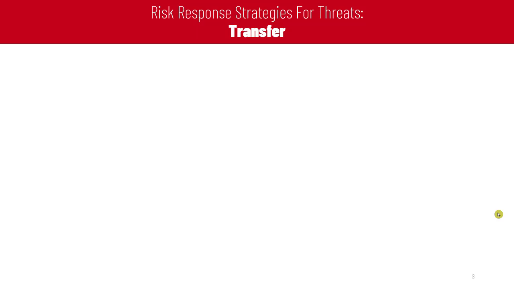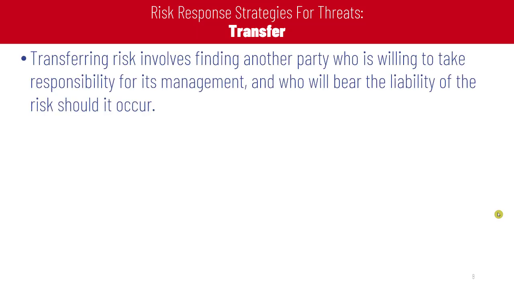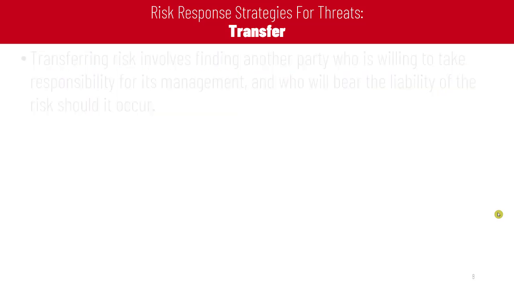The second risk response strategy for threats is risk transfer. Transferring risk involves finding another party who is willing to take the responsibility for its management and who will bear the liability for the risk should it occur. This is one example of risk insurance or insurance companies.